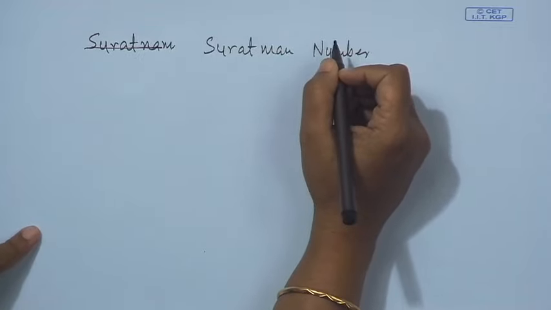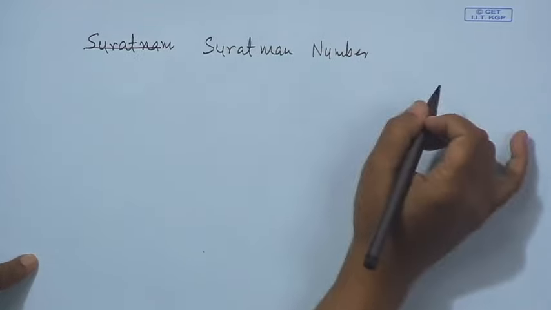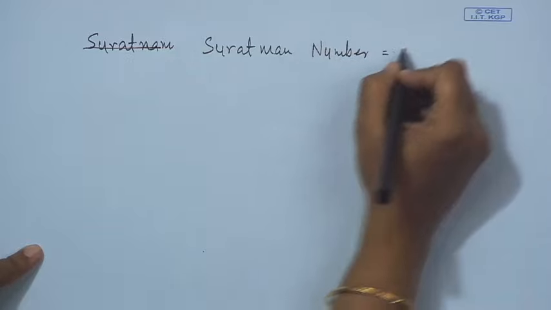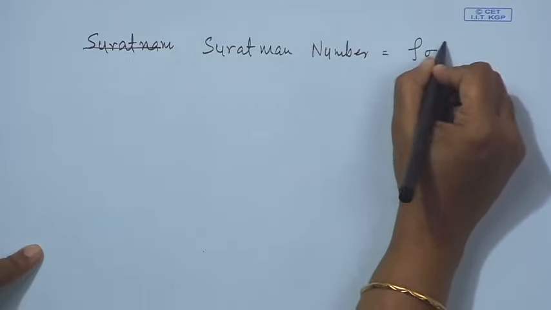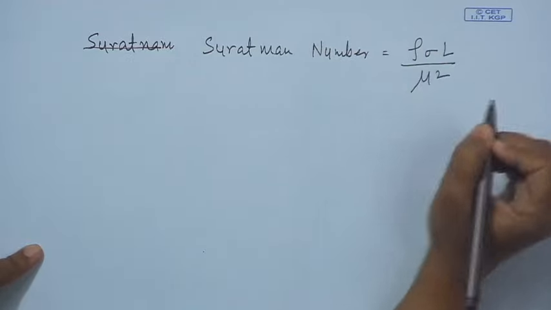Now, this is a very interesting number. It is basically defined as rho sigma L by mu square.